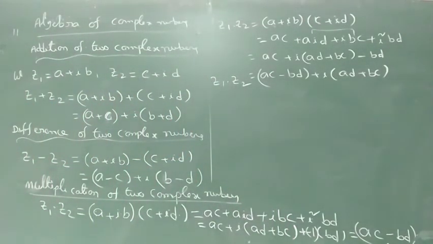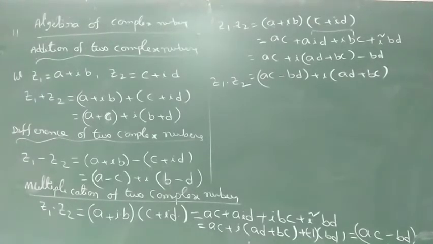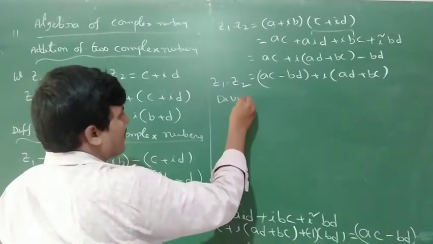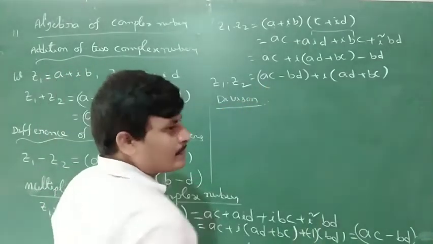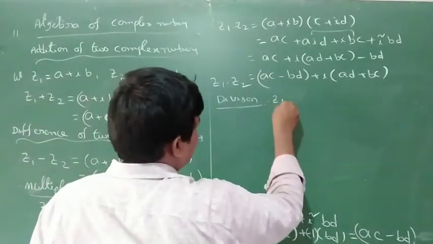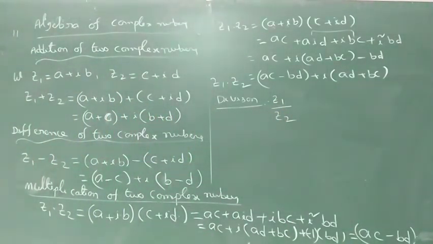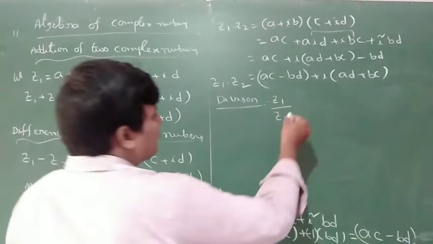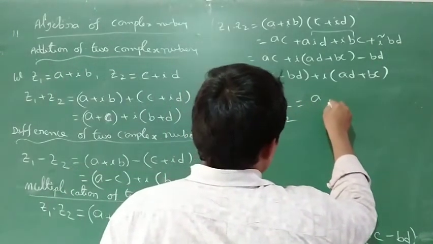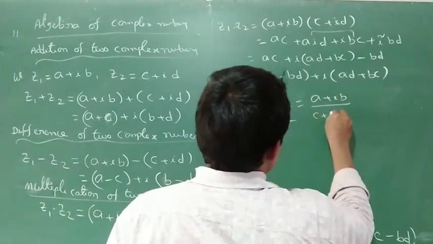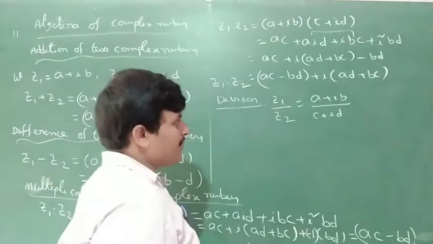Next, division. Division means what? Z1 by Z2. So Z1 is equal to a plus ib, divided by c plus id.